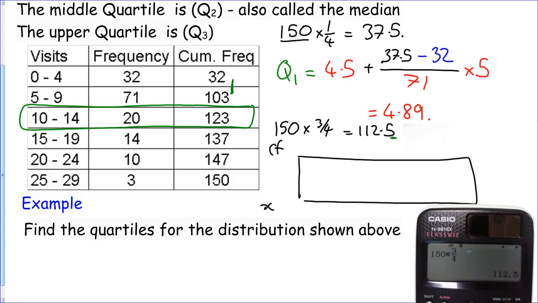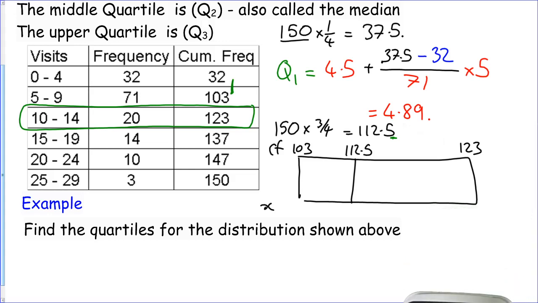Our cumulative frequency starts at 103 and ends at 123, and we're interested in thing number 112.5. On the bottom, our x values start at 9.5 and end at 14.5, so we're interested in this point just here.